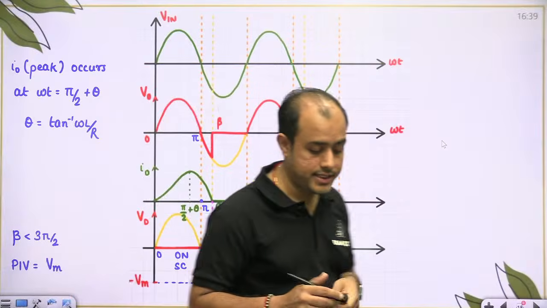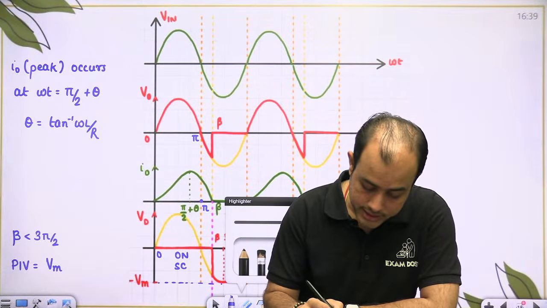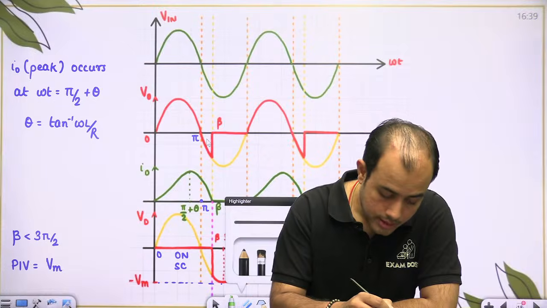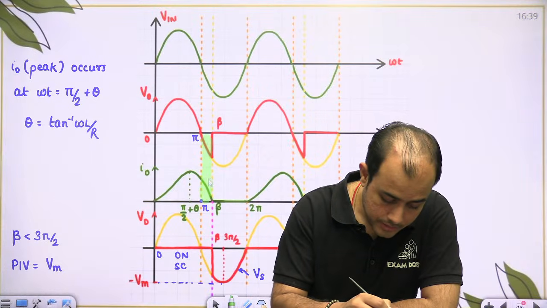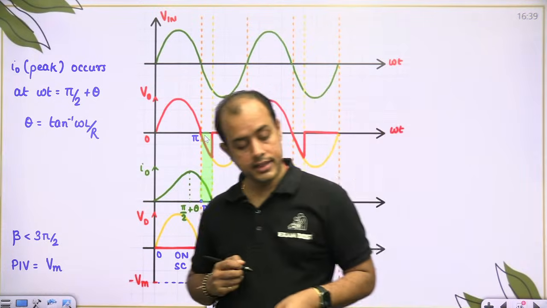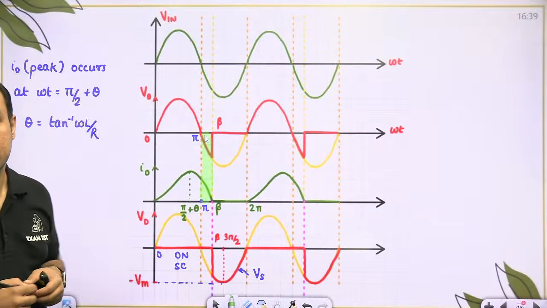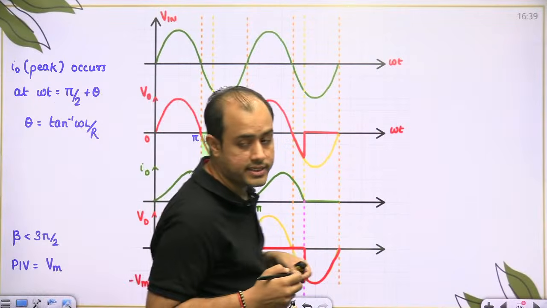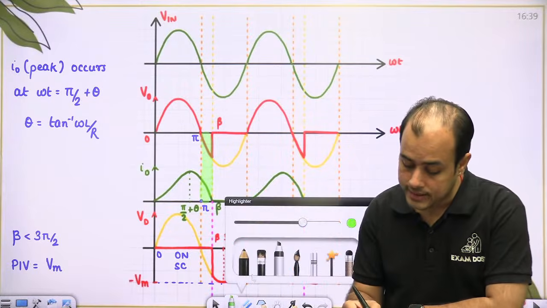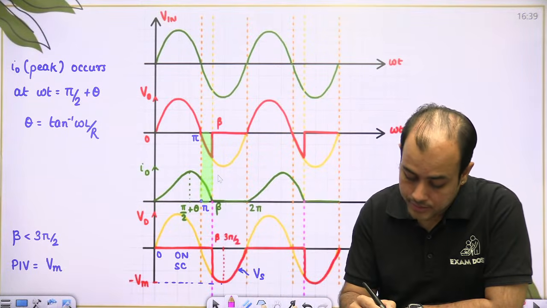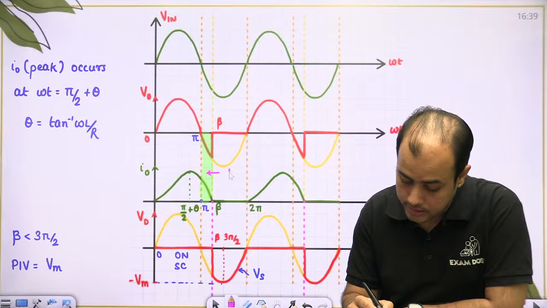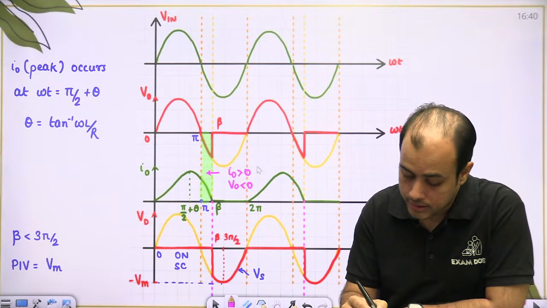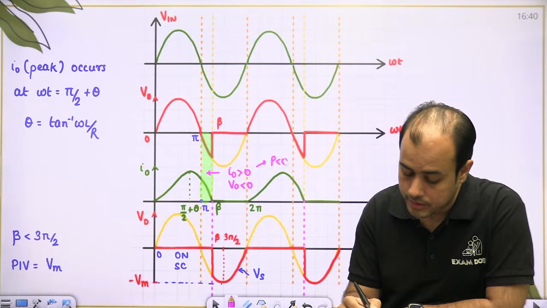If you see this region मेरे बच्चों, in this region pi to beta, current is positive, voltage is negative, which means the power is negative. In this region, I naught positive, V naught negative, therefore power is negative.